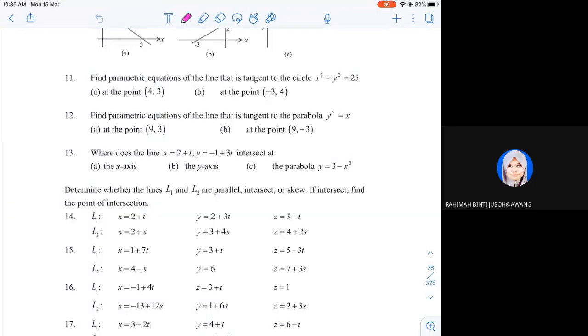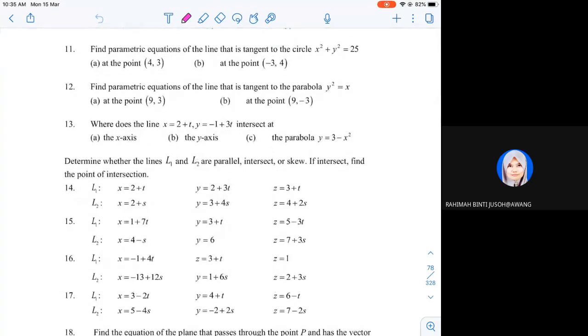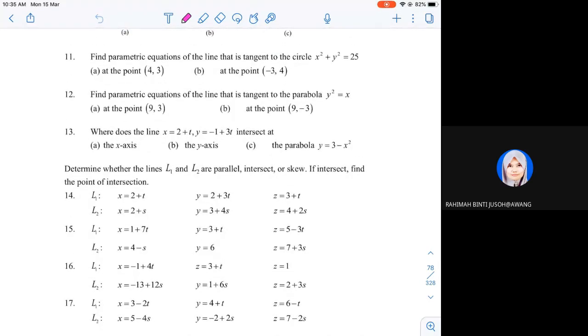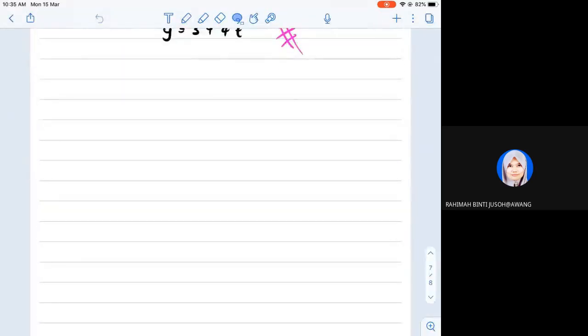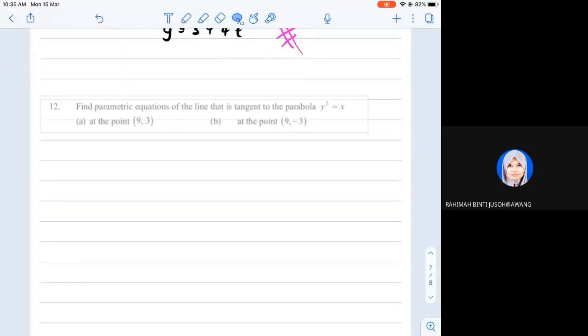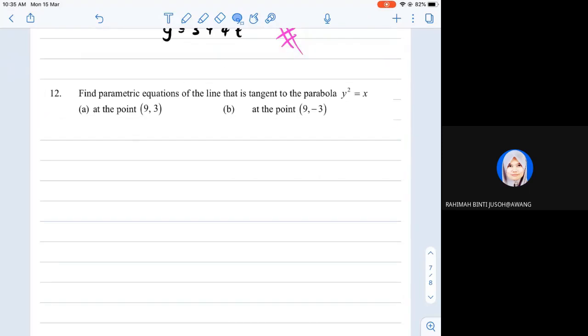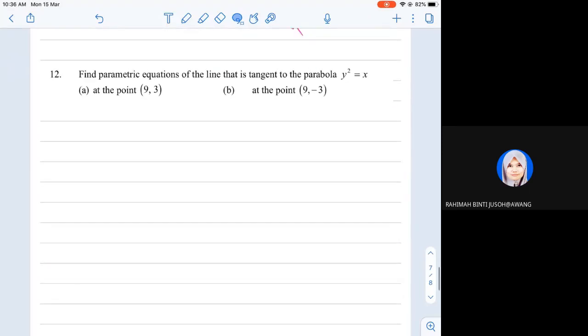For question number 12. 12 ni kita ada parabola, tadi circle. Now we have parabola. Let us do question number 12 ni. Okay, let's say for question number 12, saya nak buat question number 12B pula. Okay, question 12B.